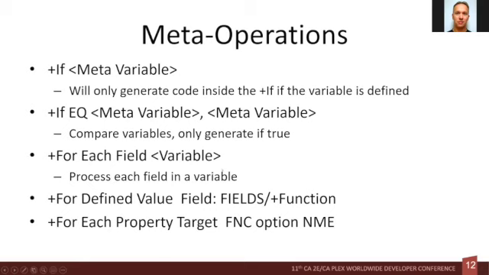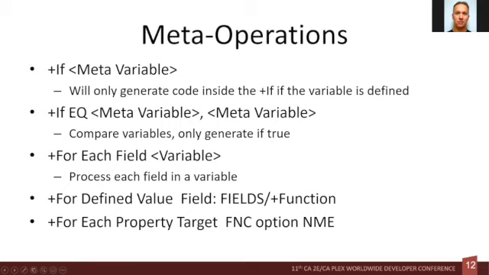So the meta operations, so I've mentioned the plus if. So the plus if meta variable will only generate if the variable is defined. I can also do conditions, so I can compare one meta variable to another. And again, if the condition is true, then it will generate what's inside the if statement.